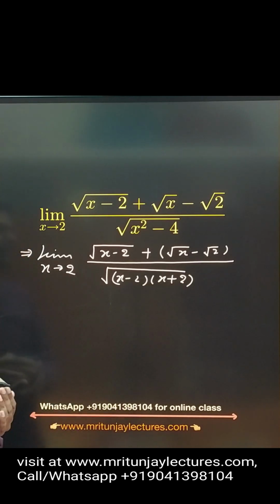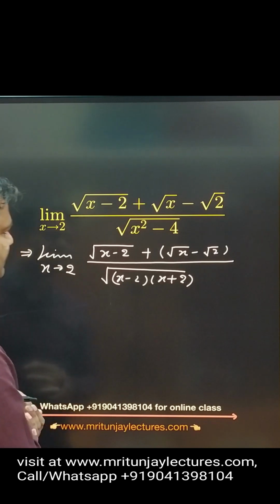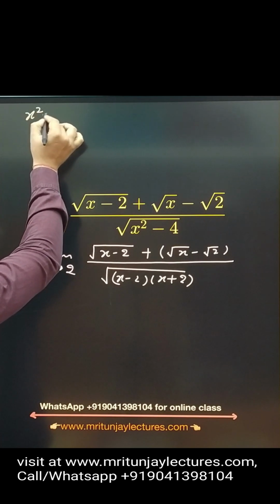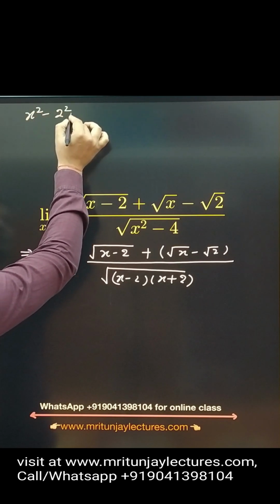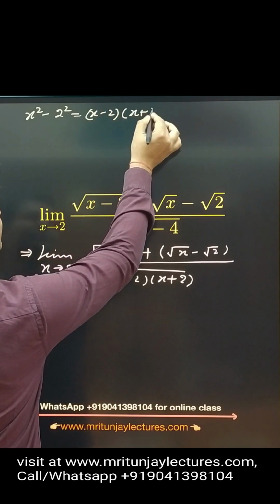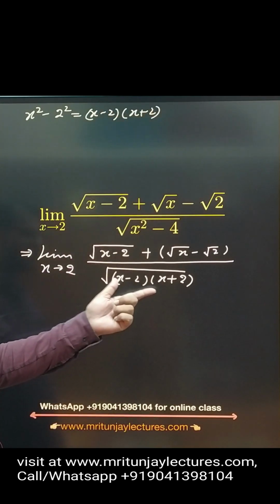Clear or not? Very simple. I know that x square minus 4 is written as x minus 2 into x plus 2, using that formula here.